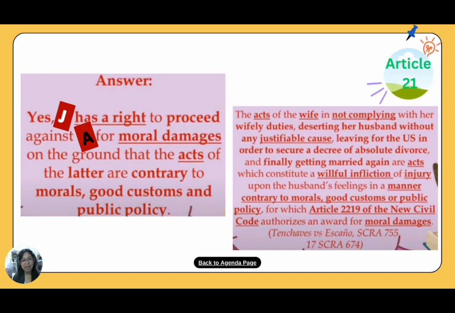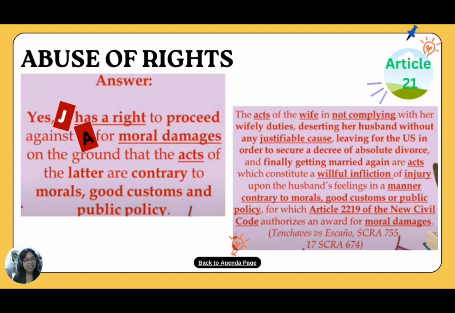The court held that, di ba? Yes, J has the right to proceed against A for moral damages on the ground that the acts of A or the latter are contrary to moral, good custom, and public policy. Kasi yung act nga naman ng wife is not complying with her wifely duties, di ba?